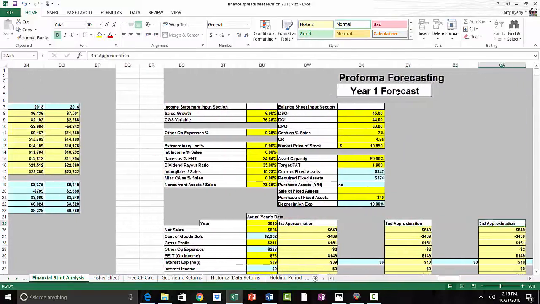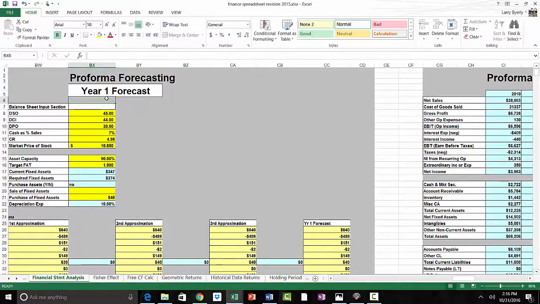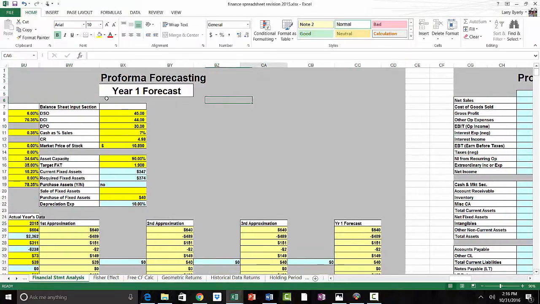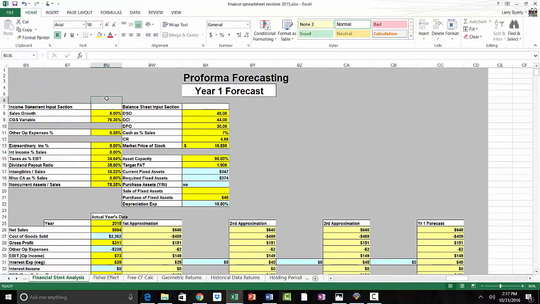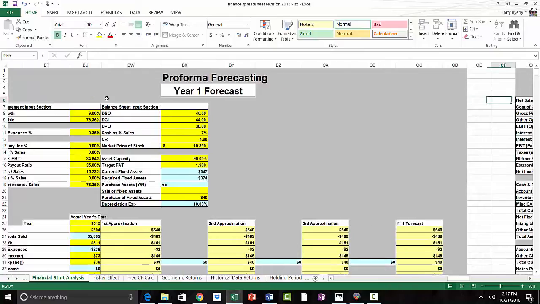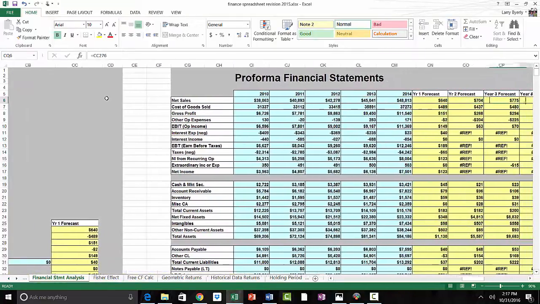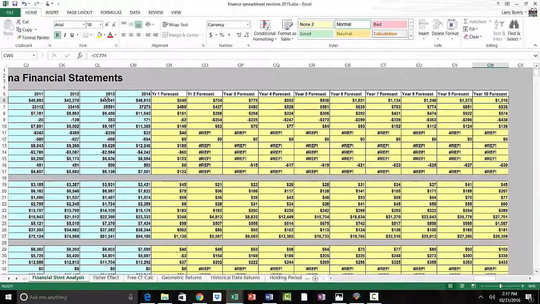And then finally, in the end, we have a structure. We'll do this project towards the end of the course called pro forma forecasting. The outcome of this, once we analyze and project the strategic plan or the things the company wants to do moving forward: pro forma means we're going to predict. So we're going to predict financial statements. You actually have a tool that will predict 10 years into the future.